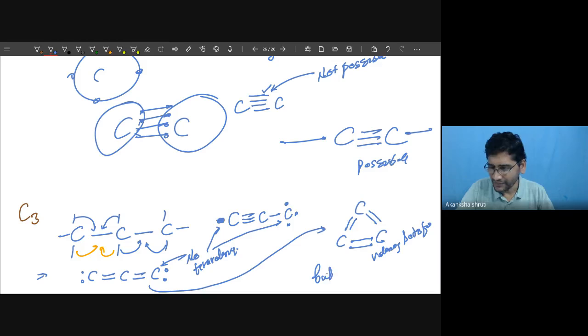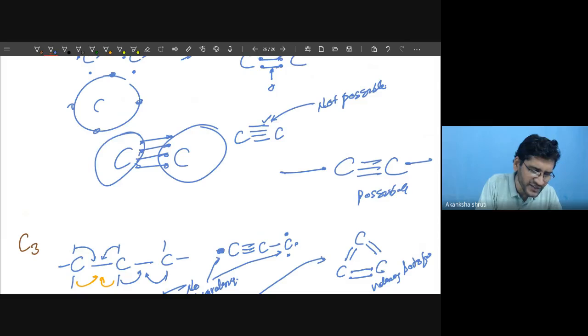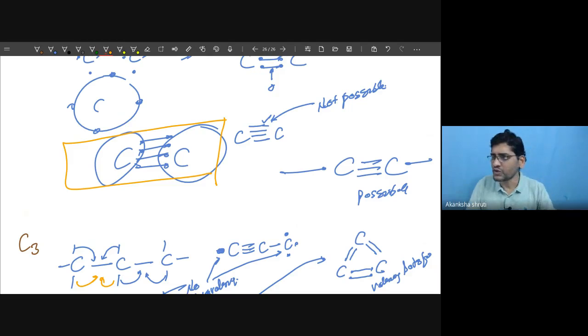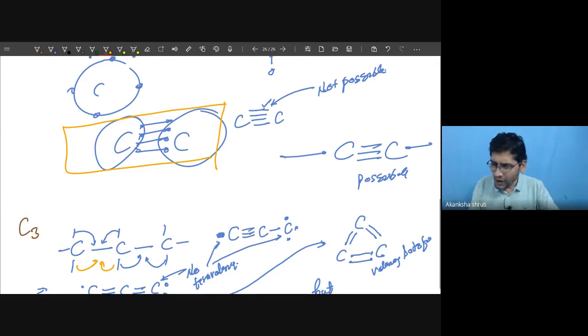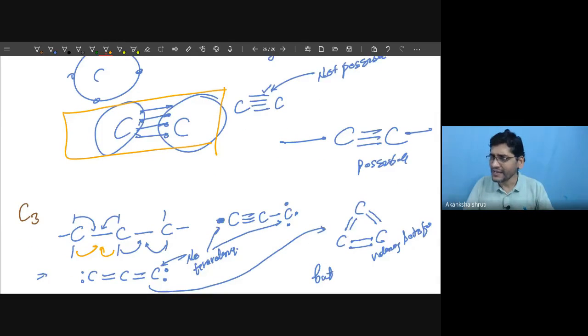But what is the problem? What was the problem with these 4 bonds between the 2 carbons, students? These bonds are quite close, so they repel each other.